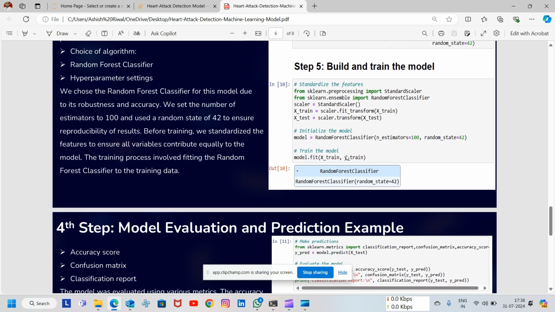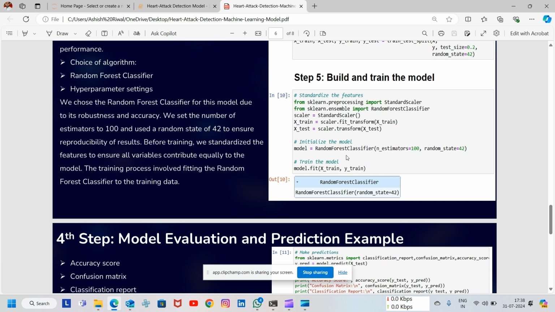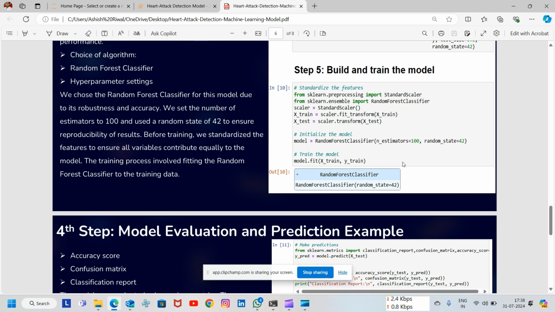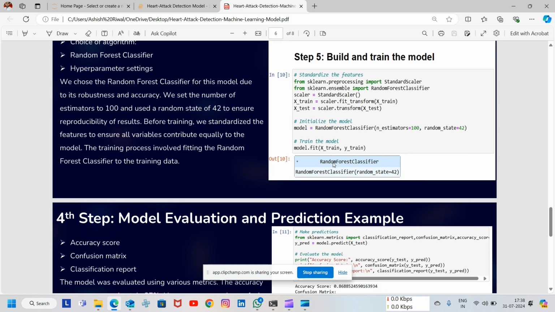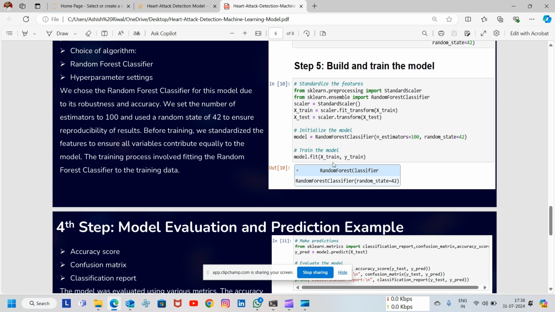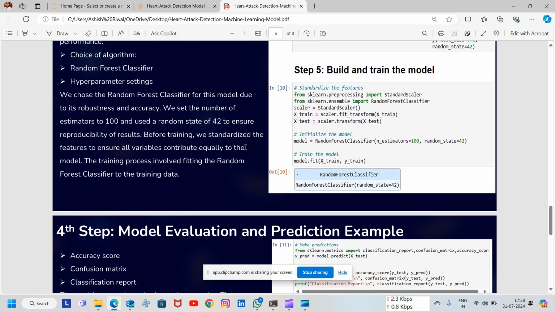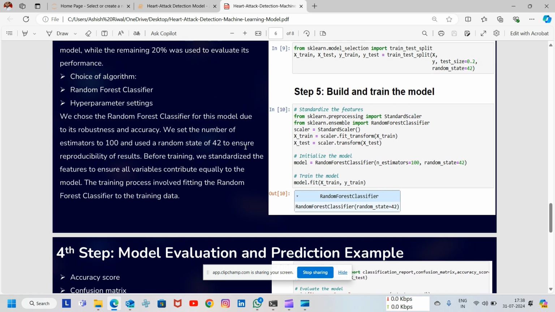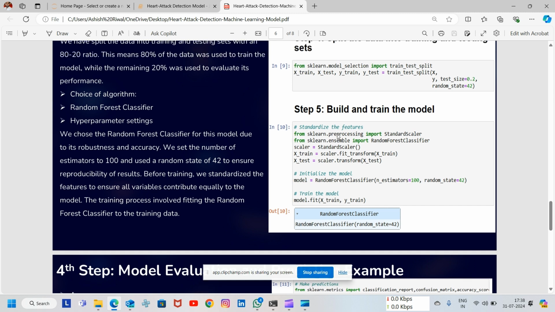Then we will create the model equal to random forest classifier, and the estimators we have used is 100 and the random state used by us is 42. We have trained the model with the help of X train and Y train. So this is again some explanation about the building and training of the model.